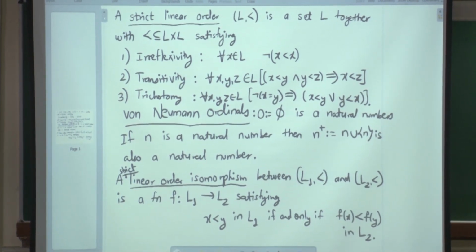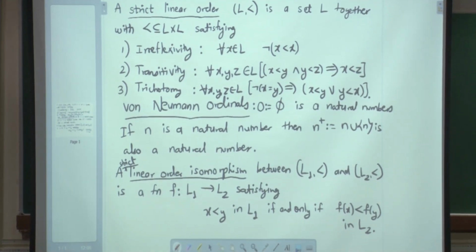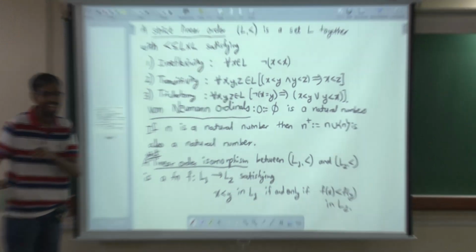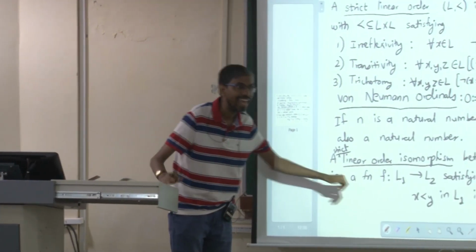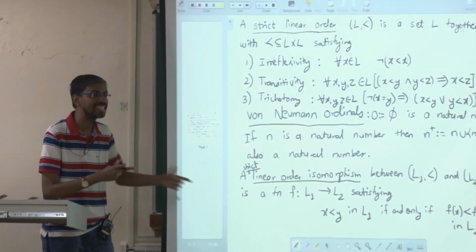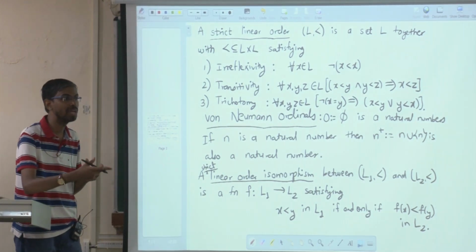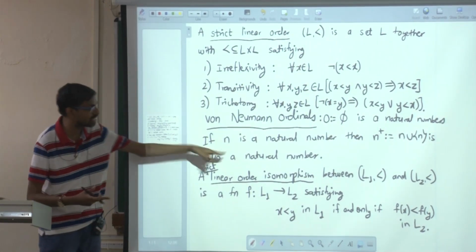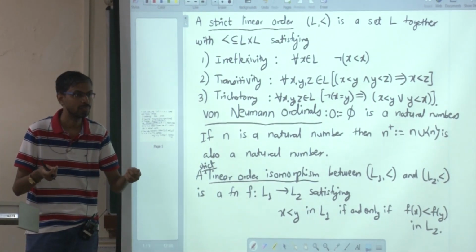So here f should be a bijection. Yes and no. f doesn't need to be a bijection because of this condition. Any two elements are related. So if x is less than y, then fx less than fy implies, because of irreflexivity of L2, that fx and fy cannot be the same.